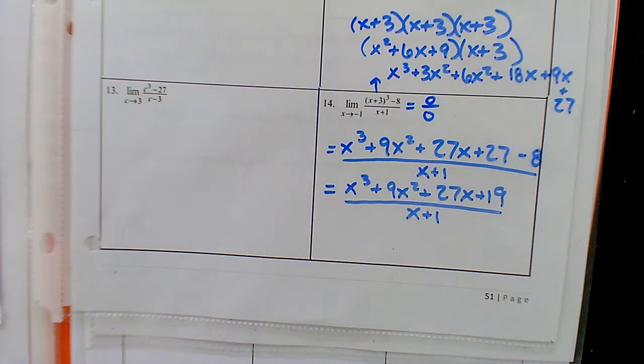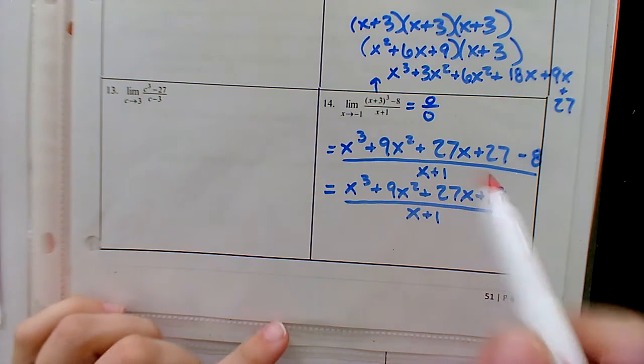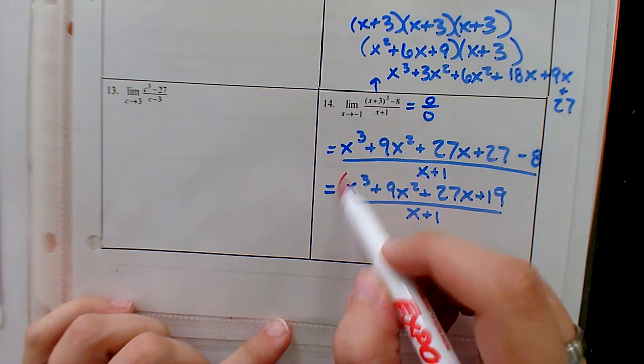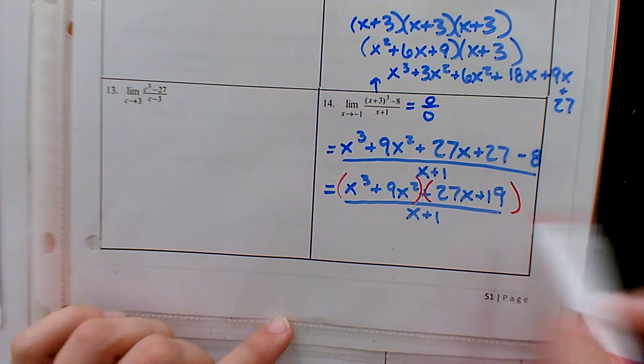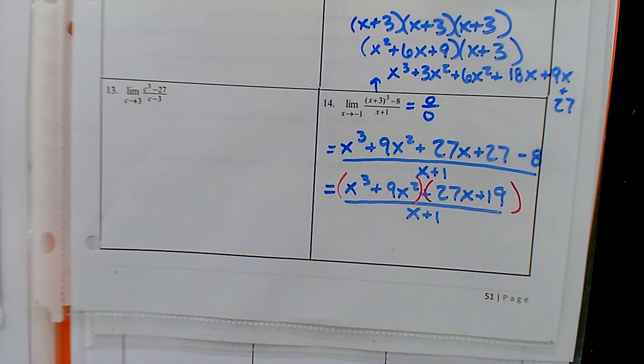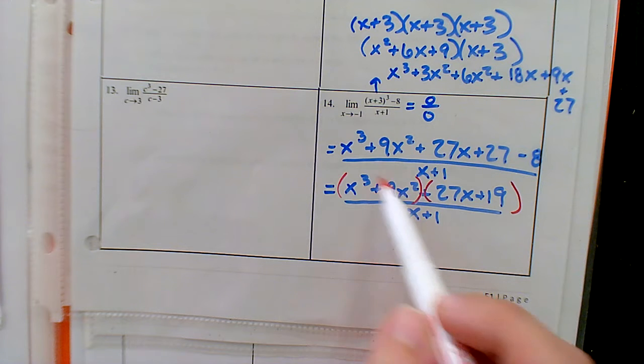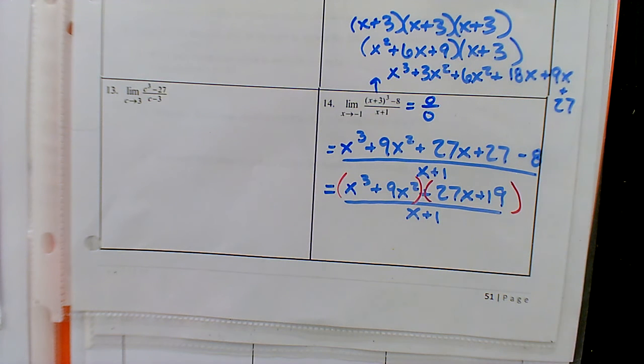Okay, so hopefully some of us would think factor first, because I think we would prefer to factor over synthetic division. If you take a look at the numerator and you have 4 terms, you could try to factor by grouping. Hopefully we're familiar with that method. Now you could pull out an x squared from the first group, but between the 27 and the 19 there is no GCF you can factor out.